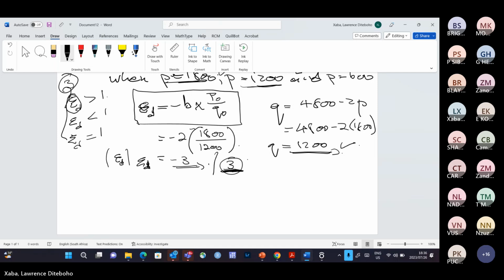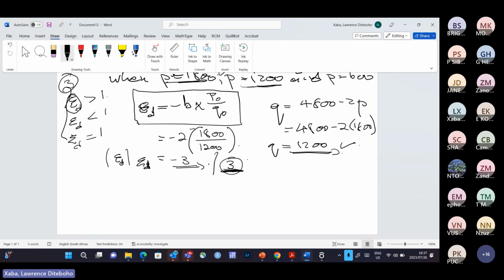Can you re-explain how we concluded it to be 3? I didn't get that part. Okay, if you look at your calculations, we said our value is negative 3.